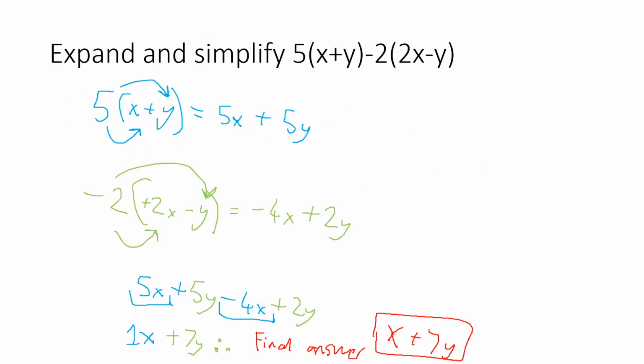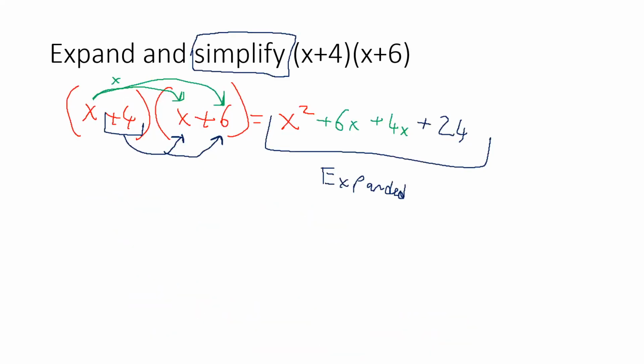And to do that, it's the exact same as what we've done here. We can't add this x squared term to any of these. But what we can do is we can add these two x terms because both of them have an x attached to them. So what are we going to do? We're going to do x squared plus 10x, because what's 6 plus 4? 6 plus 4 is equal to 10.